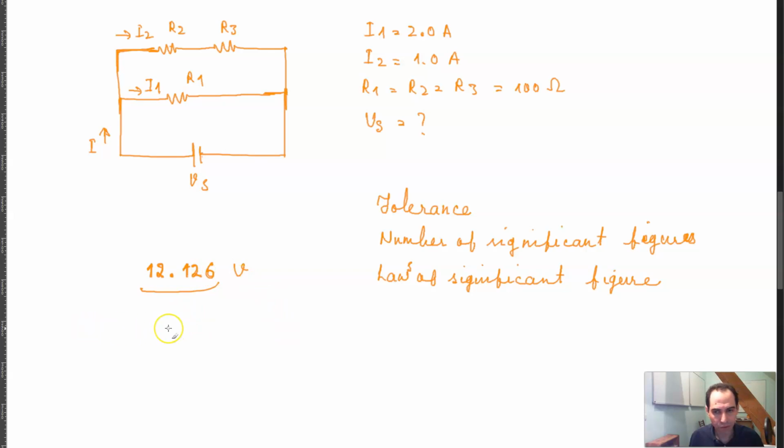For example, when you take a meter stick and measure a length, you will get, for example, some number like 123.55 meters.